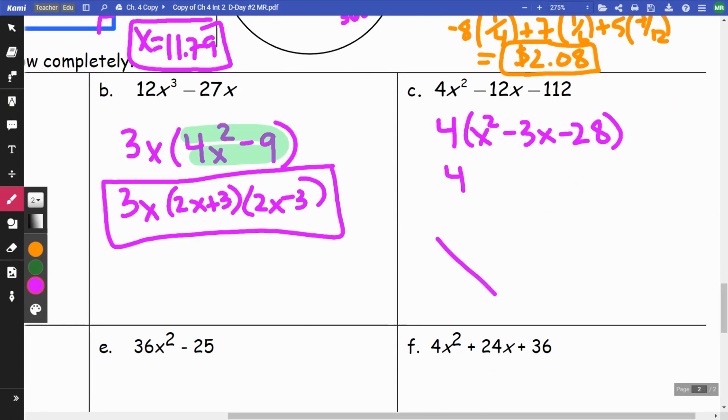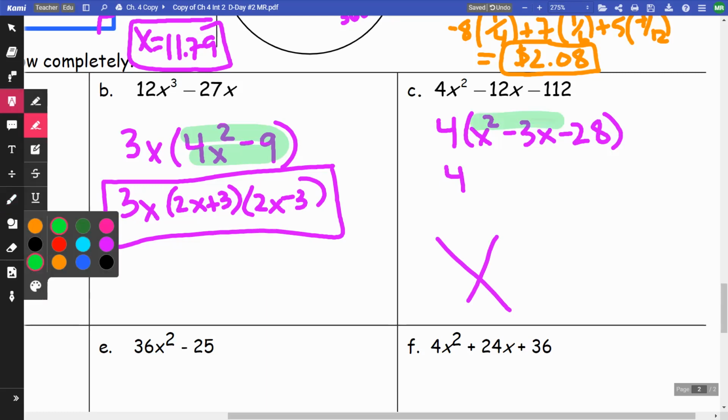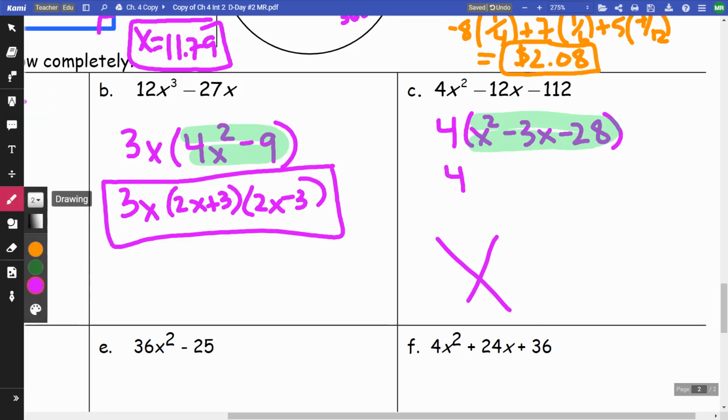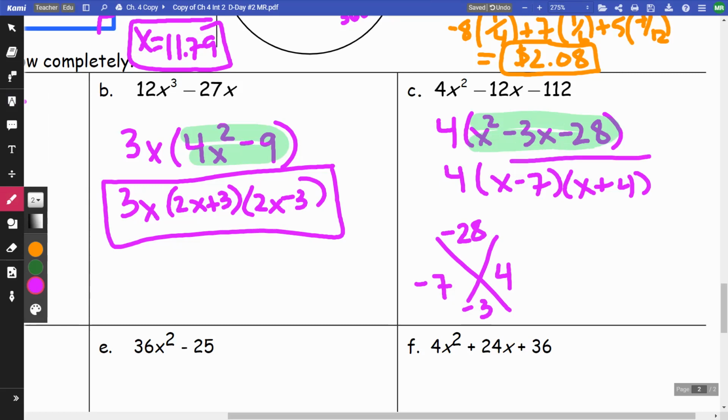And then this is going to be a diamond. So what multiplies to a negative 28 and adds to a negative 3? That's going to be a negative 7 and a positive 4. So this is going to be an x minus 7 and an x plus 4. And again, don't forget that 4 out in front.